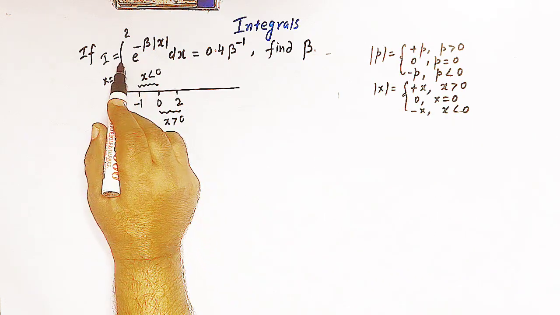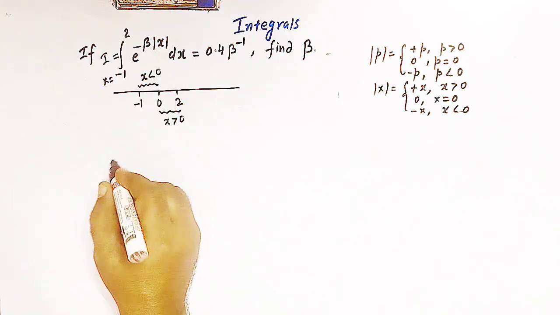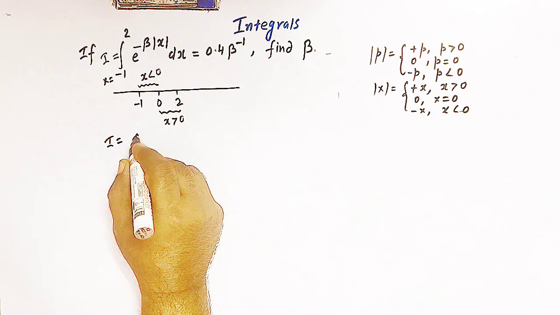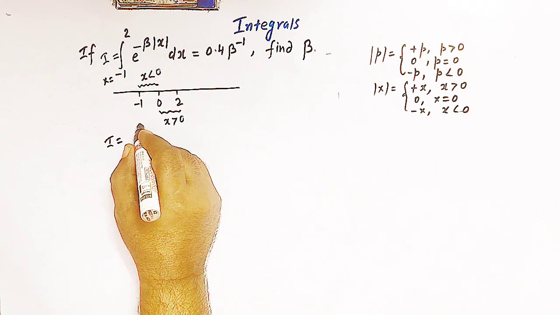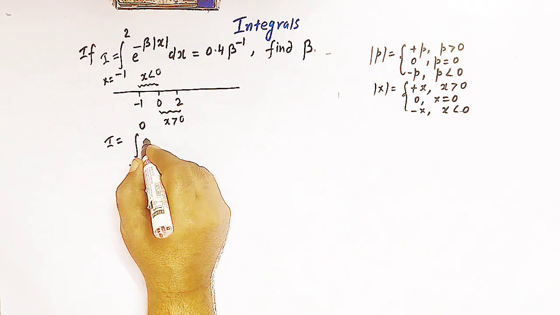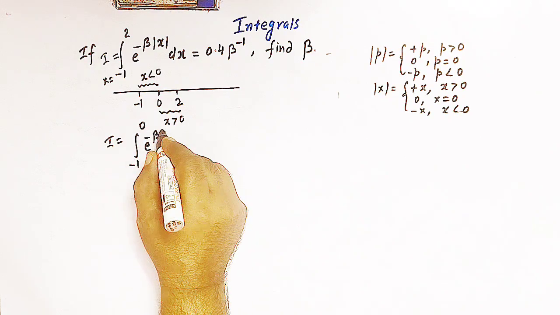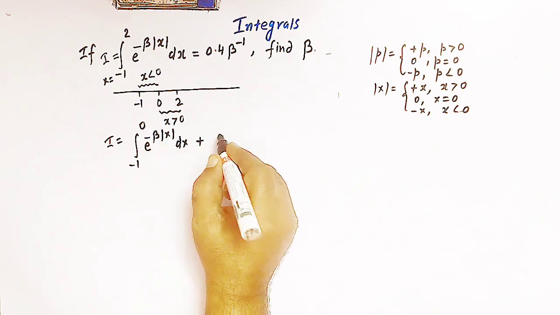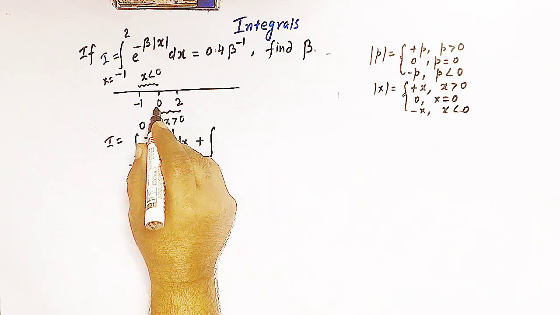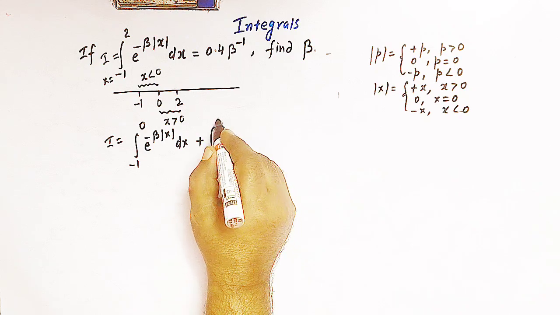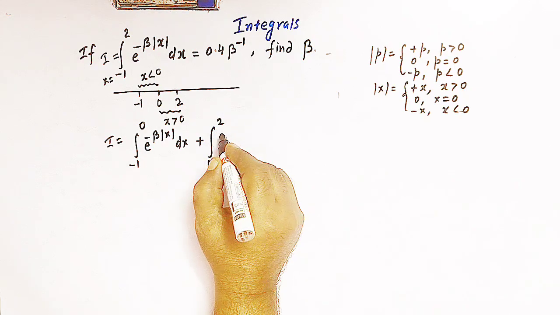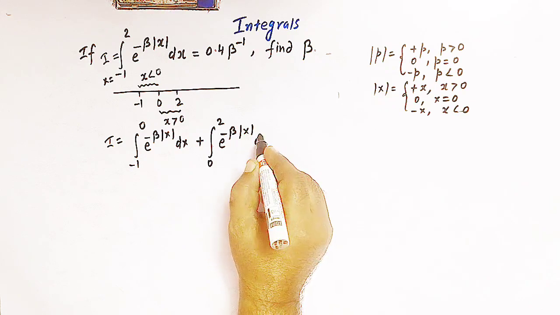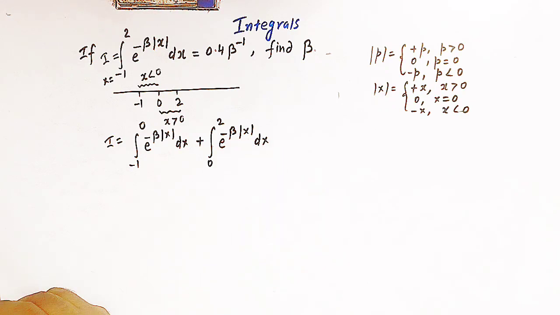So we can now split this integral I into two parts. We write the integral from minus 1 to 0 of e raised to minus beta times mod of x dx, plus the integral from 0 to 2 of e raised to minus beta times mod of x dx.